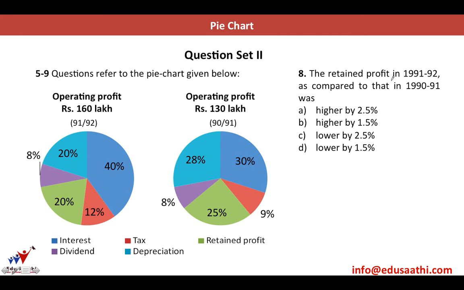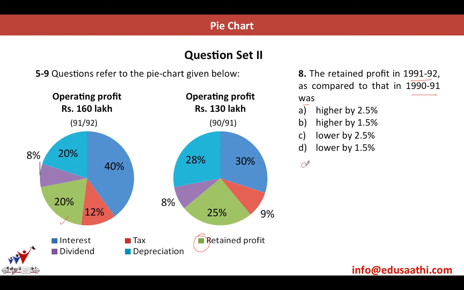The retained profit in 1991-92 as compared to that in 1990-91 was higher by 2.5, higher by 1.5, lower by 2.5, or lower by 1.5. Let's check the retained profit. So retained profit is given by this green color here.